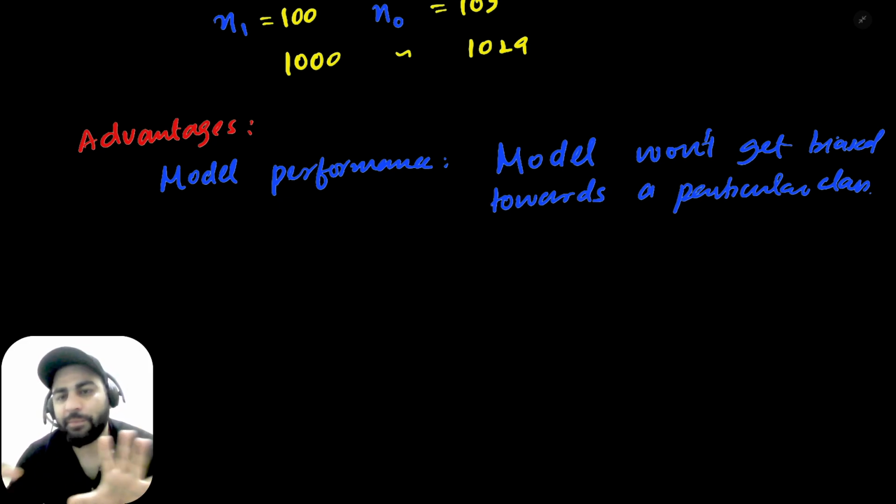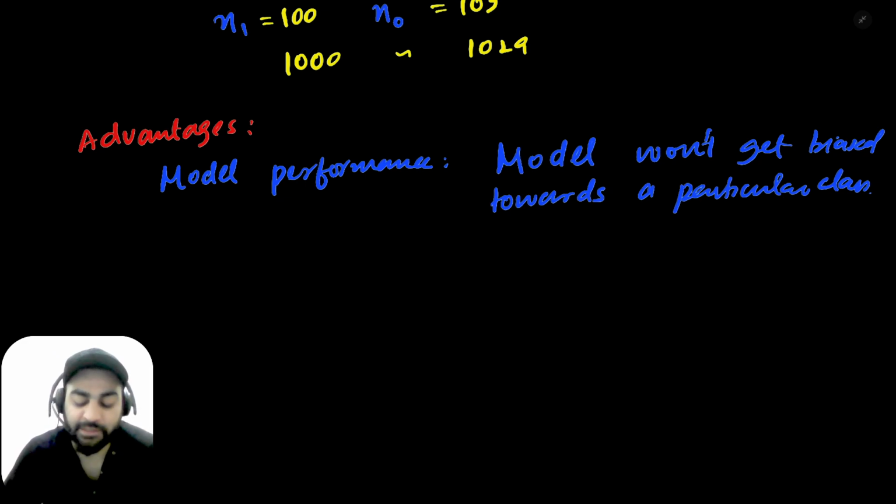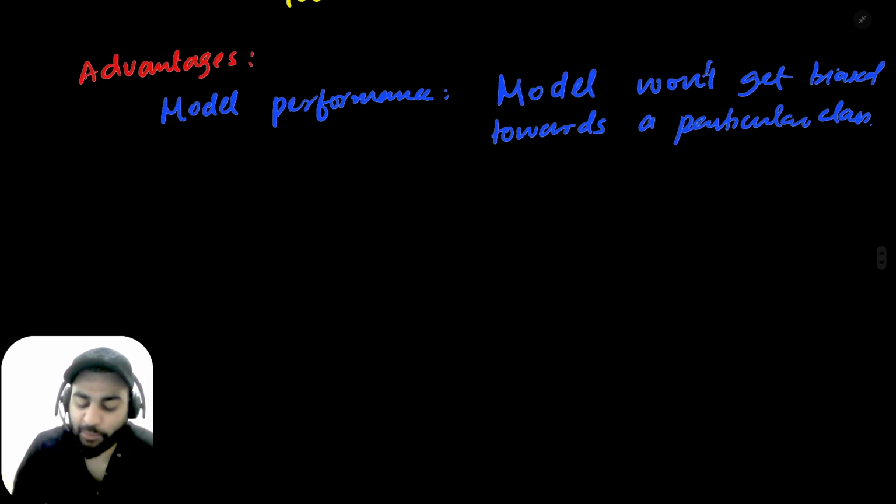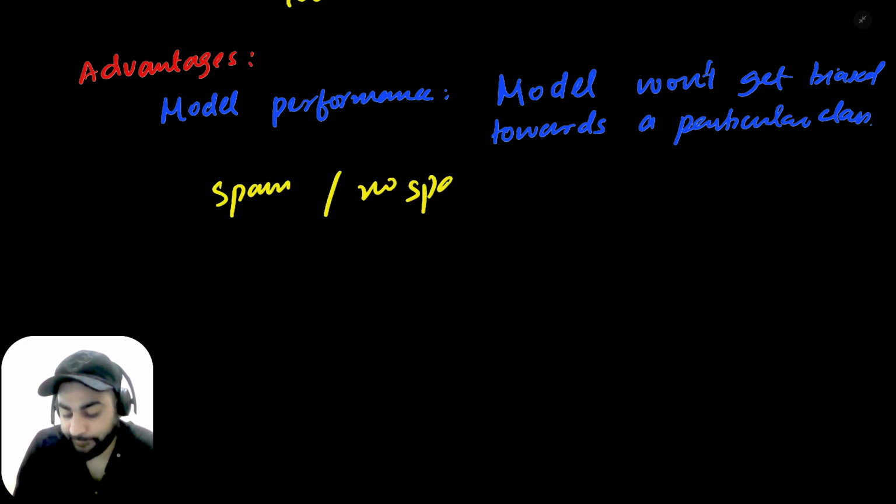But if somebody has seen a fair number of samples of both things, then he or she will have a holistic view of the problem. That's what happens here. So when you train a model, if you show it nearly equal number of points from both the classes, let's take the example of spam and no spam, the running example that we have.